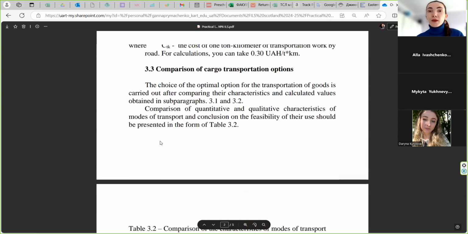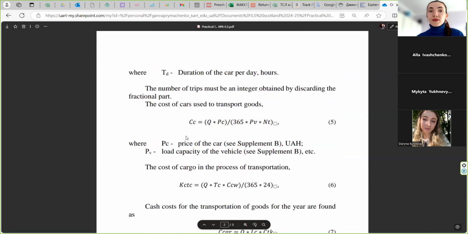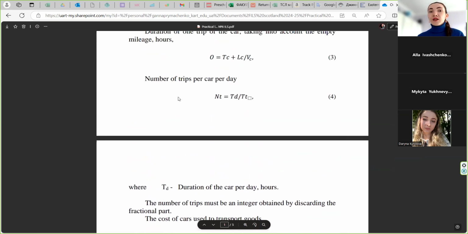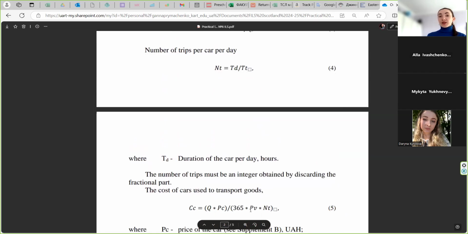Multiply by the result of our formula number 4. It is the number of trips. We find the number of trips in the result of our formula number 4.